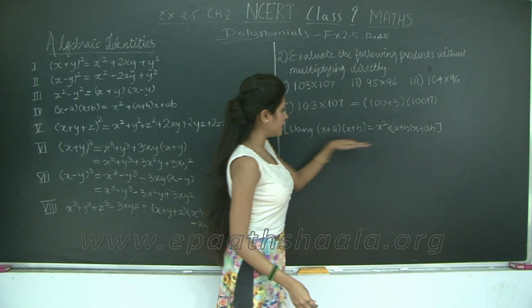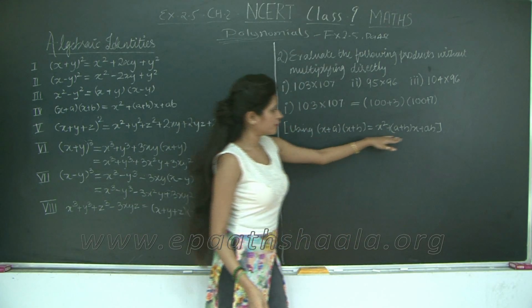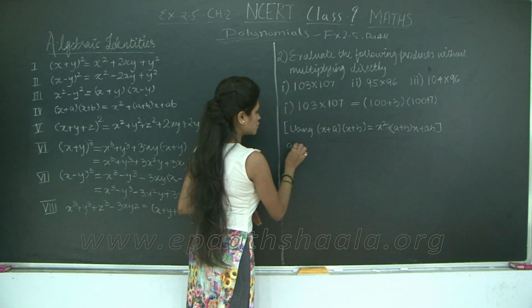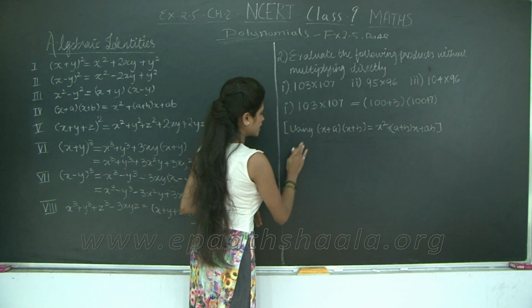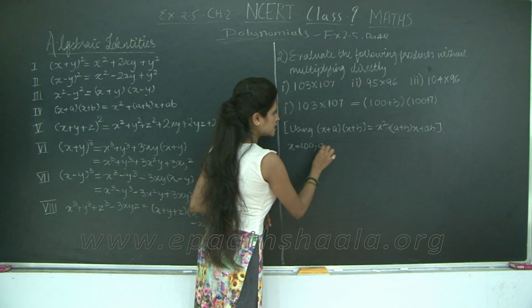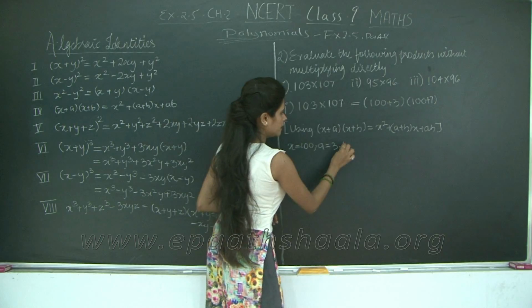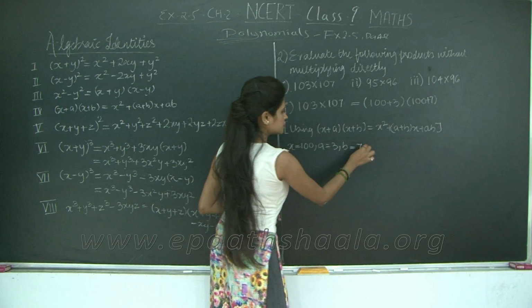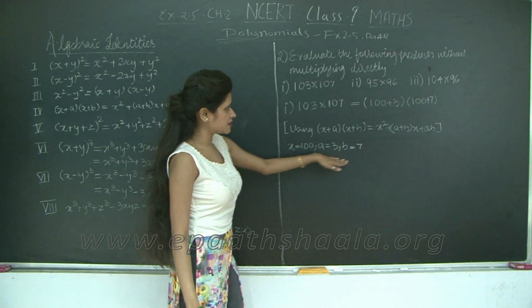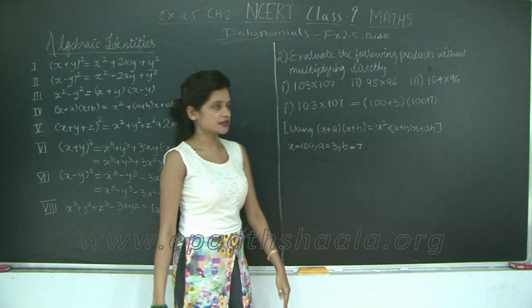Now, when you compare this formula with our question, what do we get? We get x is equal to 100, a is equal to 3 and b is equal to 7, correct? Now, we can simply use this formula to find your answer, right?